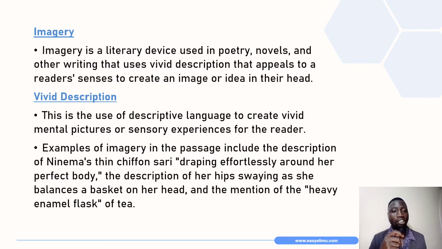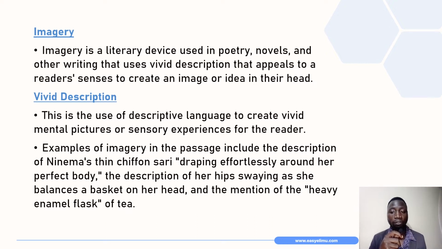So through language, imagery does not only paint a picture but aims to portray the sensational and emotional experience within the story. So there is a use of vivid description, that is, language that is vividly descriptive, to create mental pictures or sensory experiences for the reader.